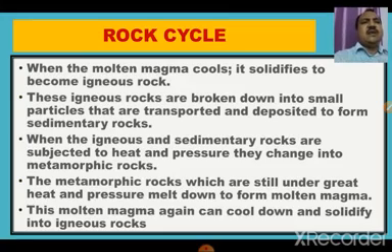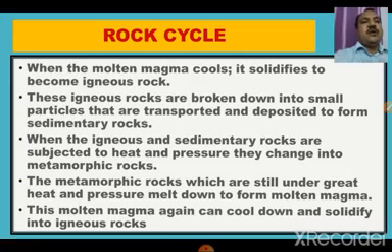When the igneous and the sedimentary rocks are subjected to heat and pressure, they change into metamorphic rocks. The metamorphic rocks, which are still under great heat and pressure, melt down to form molten magma.